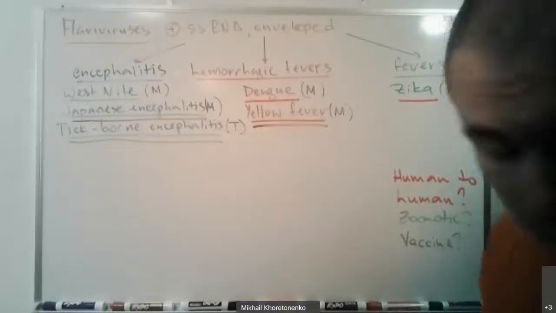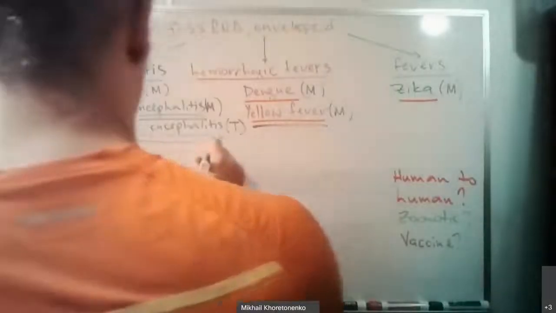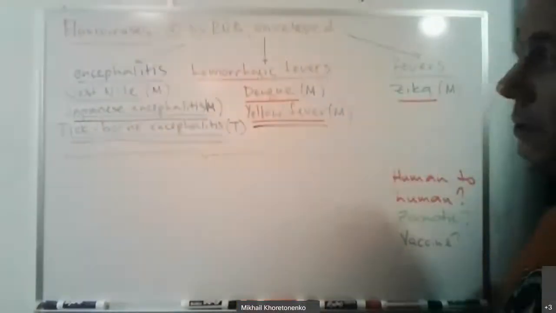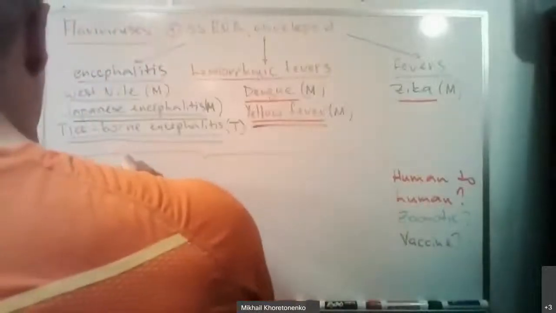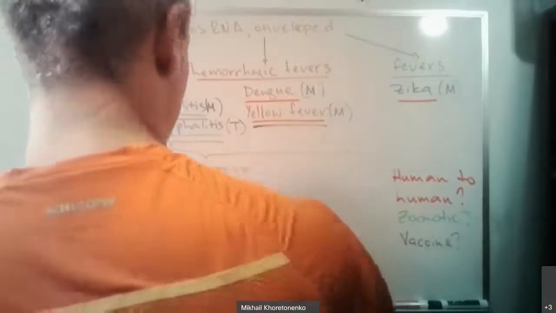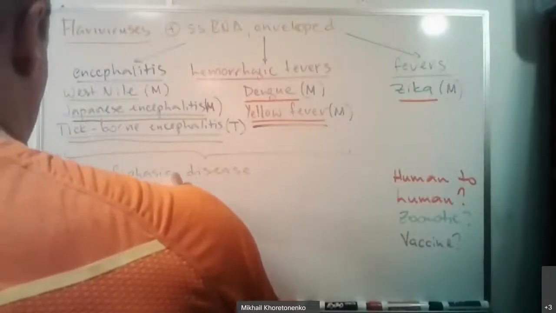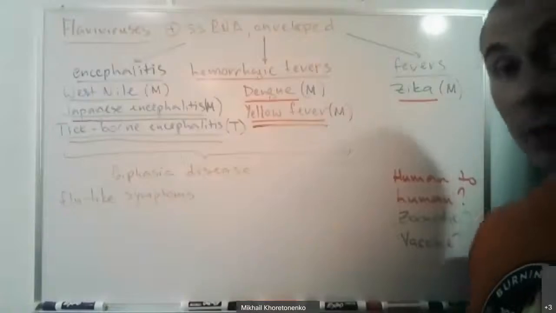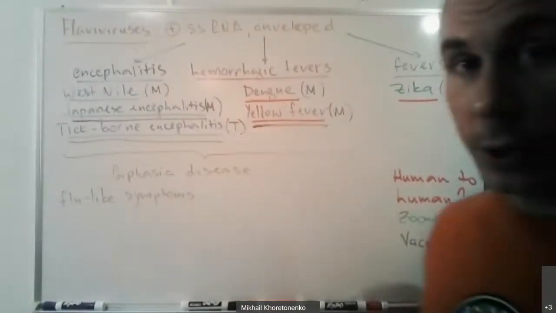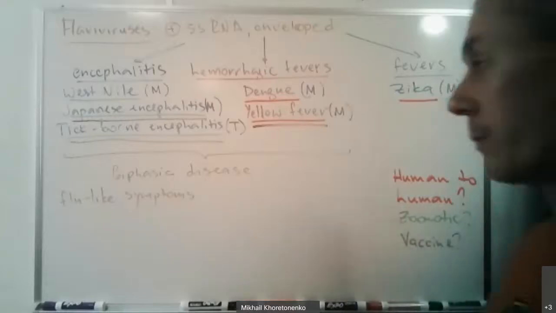Finally, I want to review in some more details the clinical course for these infections here. So these infections are biphasic disease. What does that mean? It starts with the flu-like symptoms, which can be very severe: myalgias, arthralgias, headaches, vomiting, and in most people, that's it.